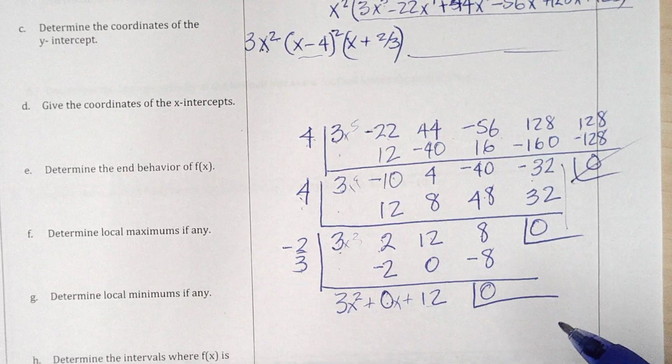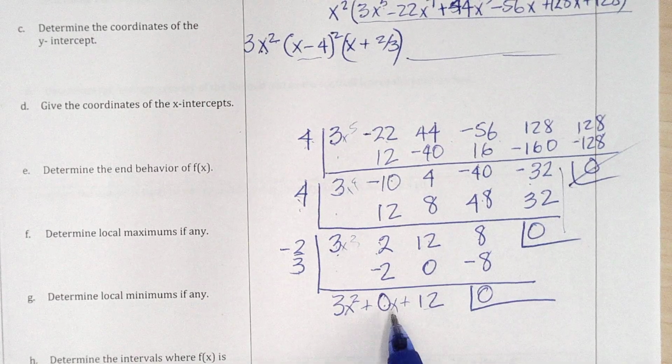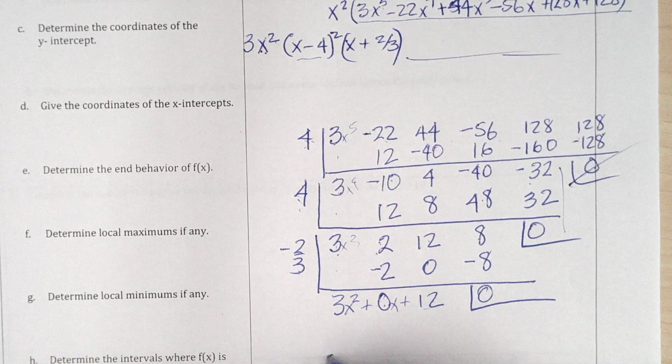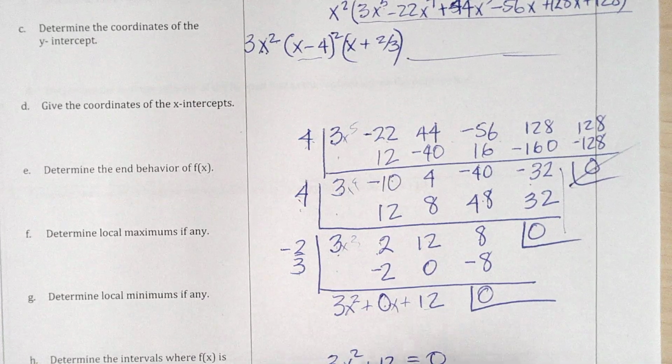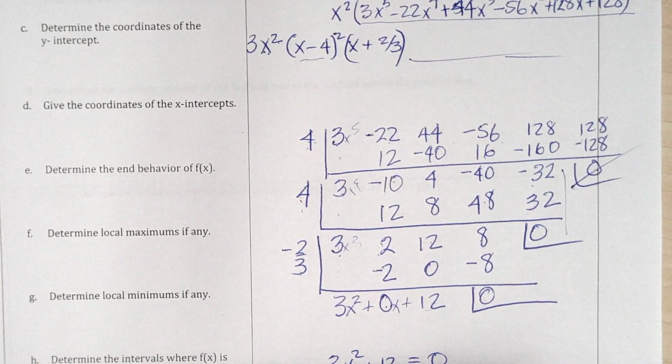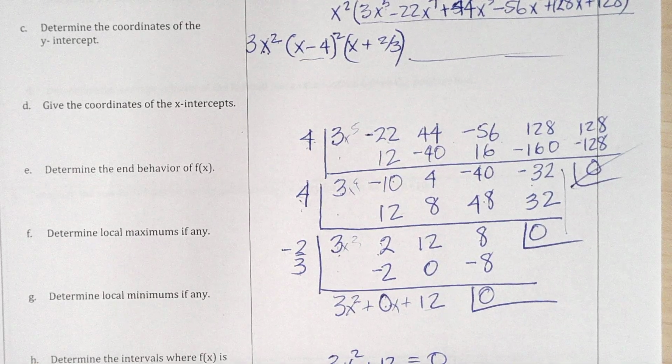which I can put into the quadratic formula where b is 0, a is 3, and c is 12. But since the middle term is 0, this is pretty easy to solve. I can say 3x squared plus 12 equals 0. Subtract 12. Divide by 3.